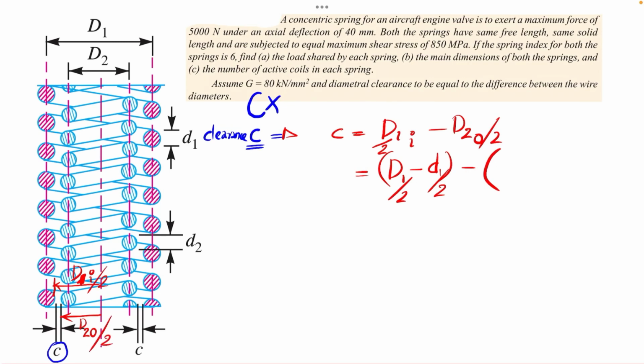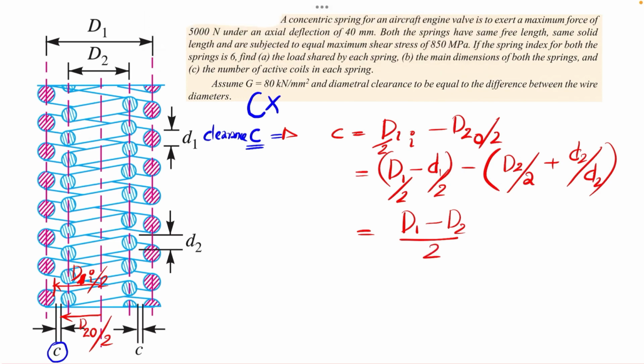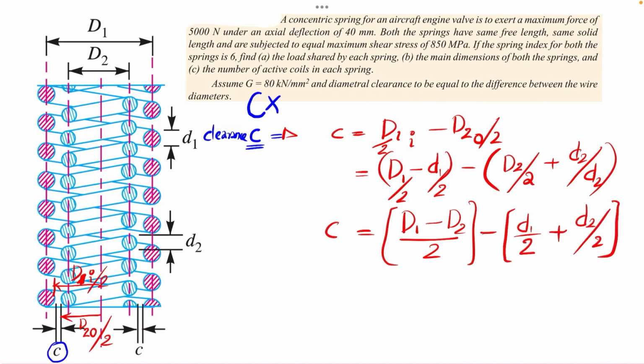This is actually D1I by 2 and this is D2 by 2, so these are half diameters divided by 2. And the D2O by 2 can be written as small d2 divided by 2 plus capital D2 divided by 2. So this one I can write as D1 minus d1 divided by 2 minus D2 by 2 plus d2 by 2. So this is the clearance, small c.